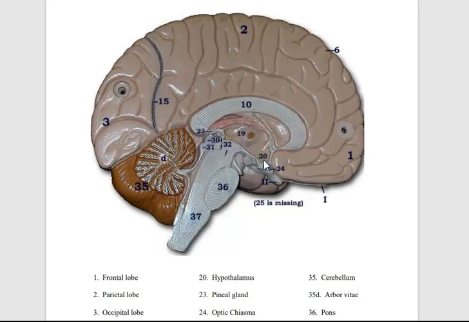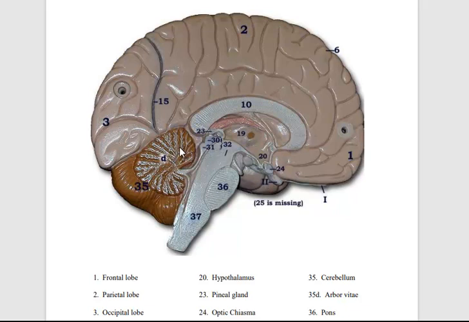If we had it in this picture, underneath the hypothalamus and connected to it is the pituitary gland. So you have your thalamus, your hypothalamus, your optic chiasm, where the two optic nerves meet, and then directly underneath it is the pituitary. But it's been removed in this particular picture, apparently.